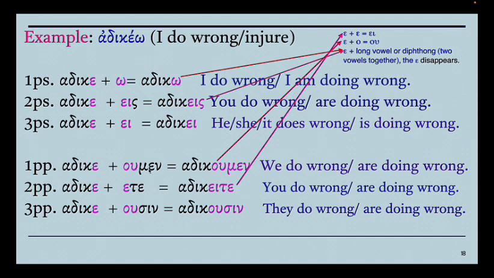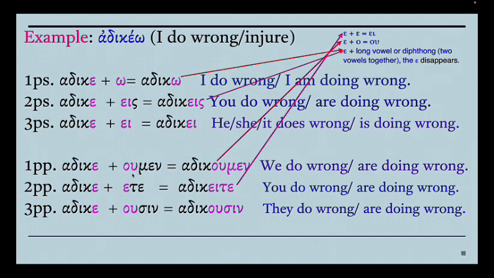Okay, I think I need to work out on this one. Adike plus omen should be oumen, okay? Epsilon plus omicron, the result is ou, oumen. So pardon me, this is not the way it's supposed to be written. So you remove this one, this epsilon should be removed. It was a mistake, but the result remains the same. The result is correct, but this one is wrong. I shall remove this one. So please don't be deceived.